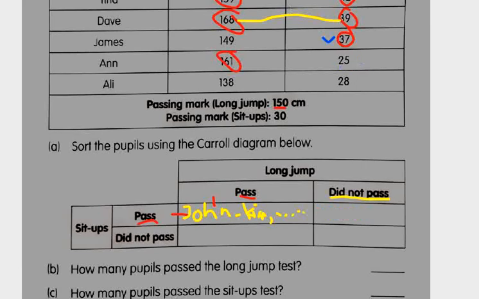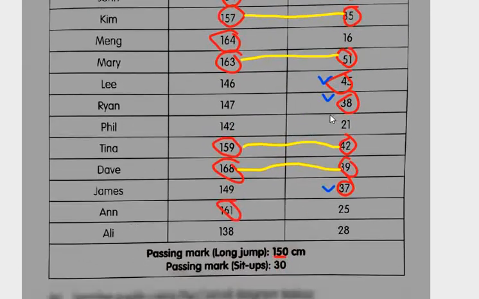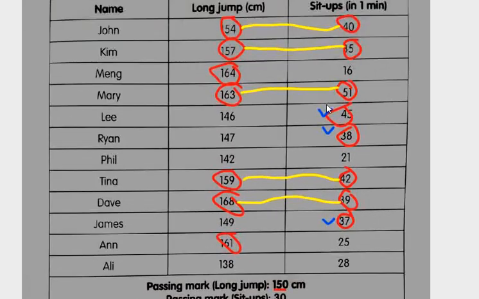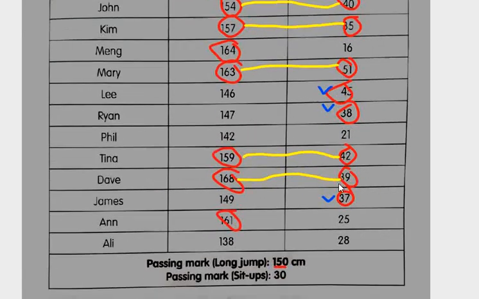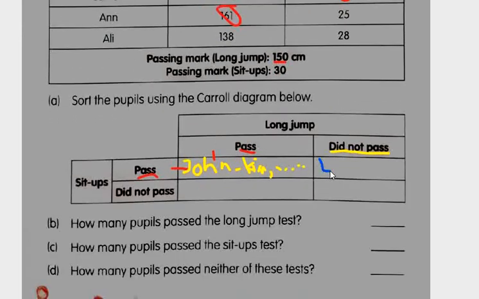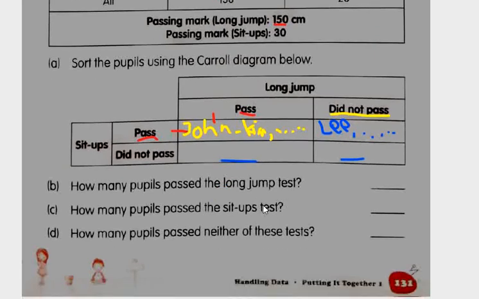And so we have 3 marks here. They are Lee, Ryan, and James. So here Lee, Ryan, and James. Okay. Now fill in the other boxes by yourself. Then after sorting the data, you can answer the questions.